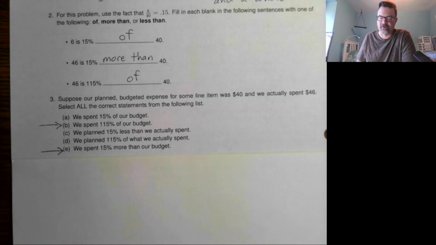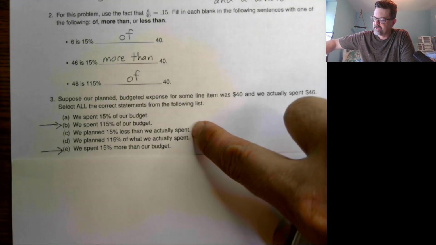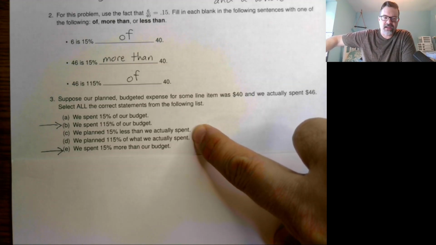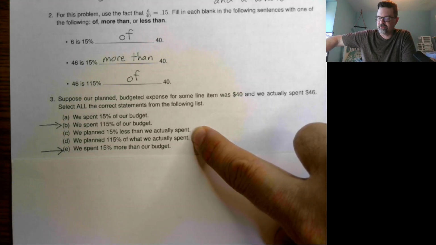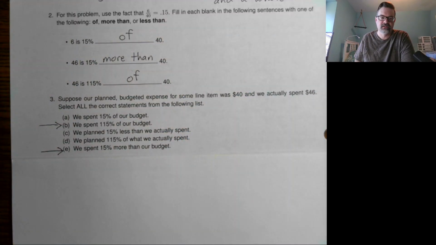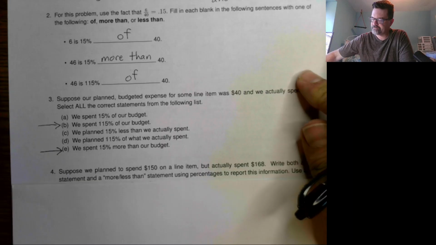The rest of them are not quite right. A couple of these are comparing the planned amount to the spent amount, which is the reverse of what the 15% means for us.